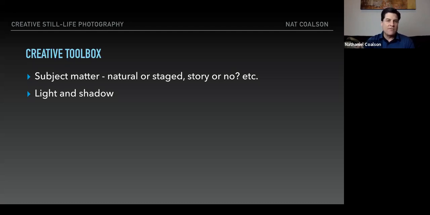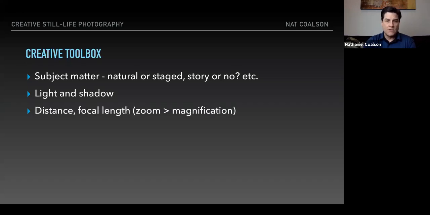I might use modifiers like a diffuser or a polarizing filter, which certainly affects the way the image looks. I like to work with light as I find it, but with still life especially, there's a lot to be said for setting up the lighting as well, or at least manipulating it to get the effect that you want.